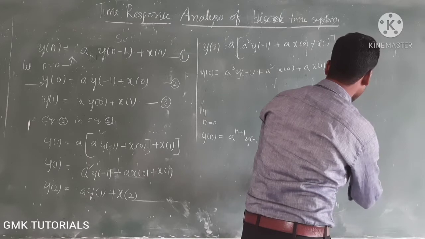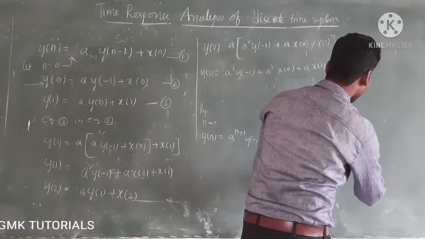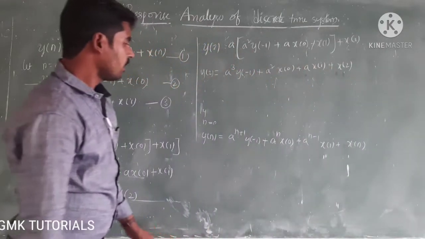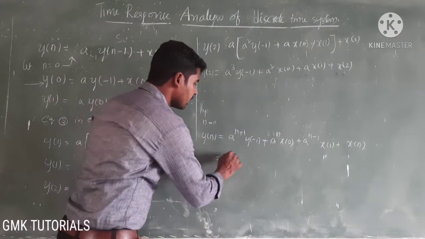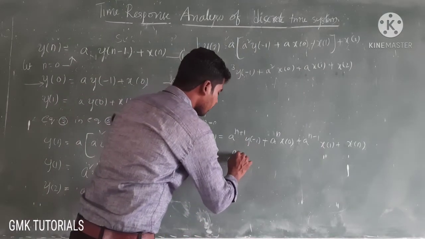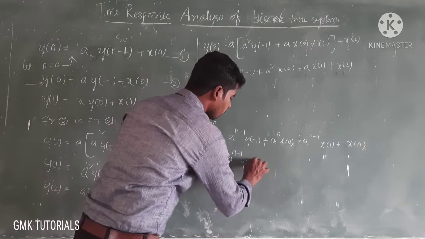So the last consideration is nothing but only x of n, right? So this can be represented as a power n plus 1 into y of minus 1.